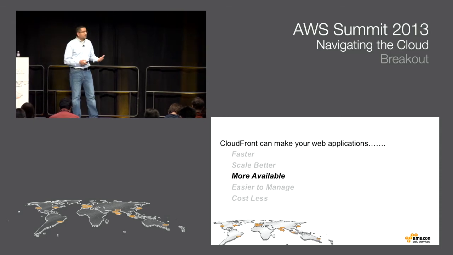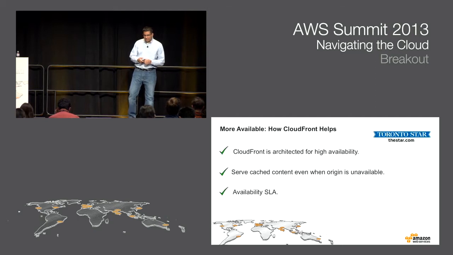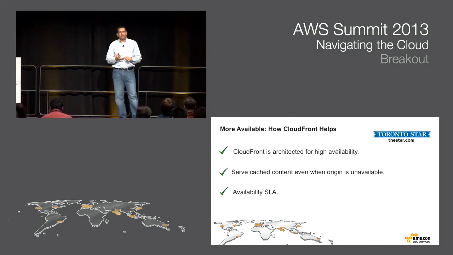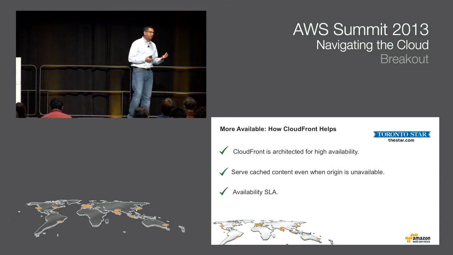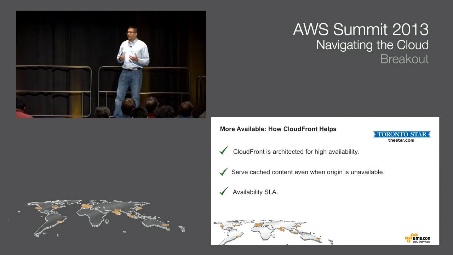CloudFront can also make your applications more available. And the way CloudFront does that is, first, CloudFront is already architected for high availability. We have 39 locations today around the world, and our architecture is designed for failure.